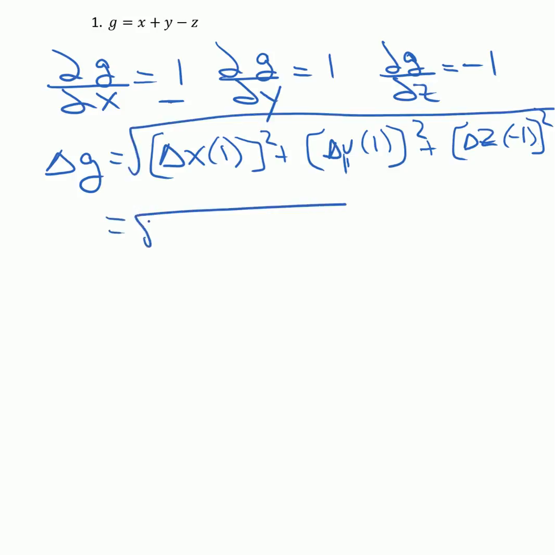And this is the same as delta x squared plus delta y squared plus delta z squared. This is exactly the same formula we used in 1101 and 1120.